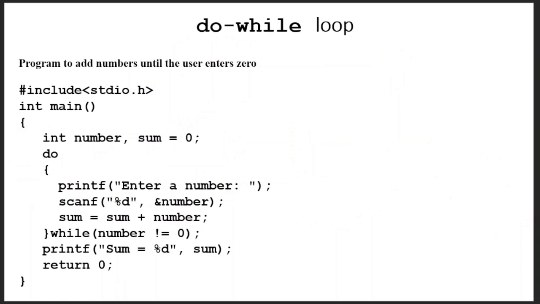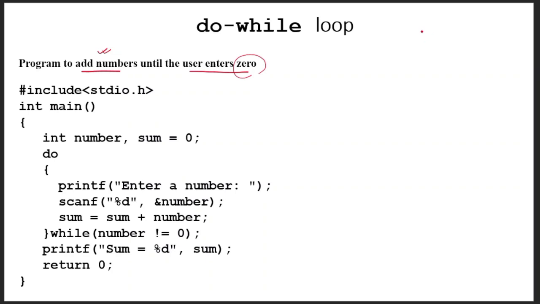This is one example of your do while loop, where you have to program to add numbers until the user enters 0. So how is it going to run? It is going to ask the numbers from the user and add them until the user enters the value 0.